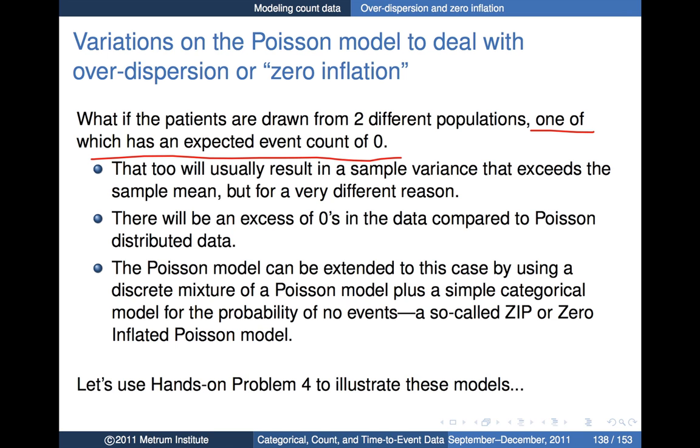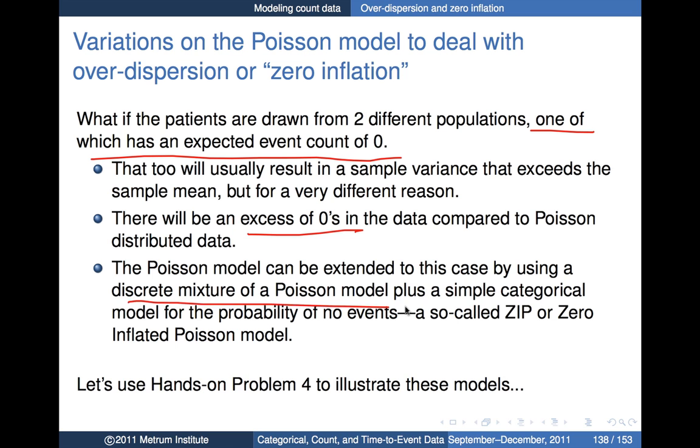In this case, we're talking about a situation where there's going to be an excess of zeros compared to Poisson distributed data. And in this case, what we can do is extend the Poisson model by using a discrete mixture of a Poisson model plus a simple categorical model for the probability of no events.